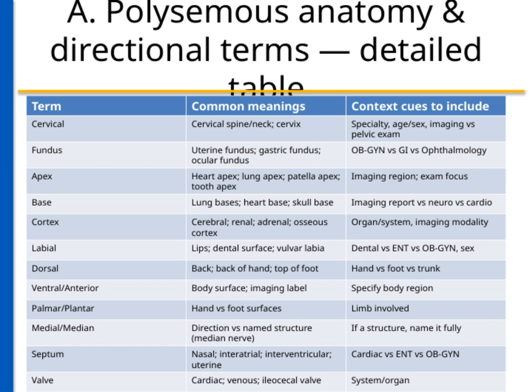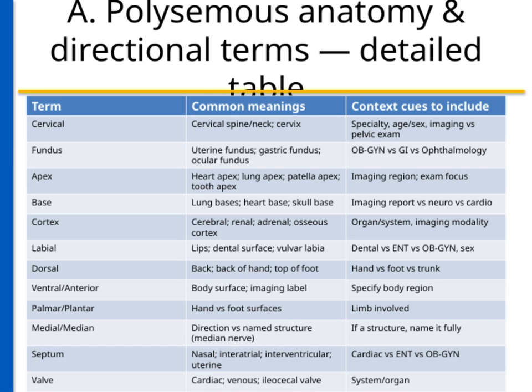Medial and median are directional terms, but median can also refer to a specific structure like the median nerve. When these terms are used, it's helpful to consider whether they're indicating direction or naming a particular structure. Finally, septum can refer to the nasal septum, the interatrial septum of the heart, the interventricular septum, or the uterine septum.